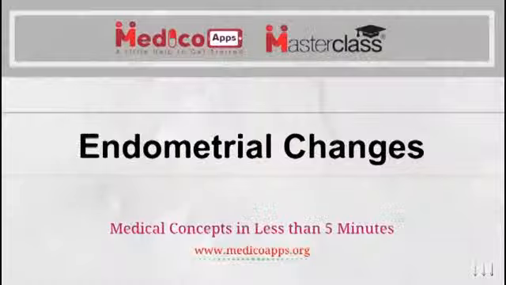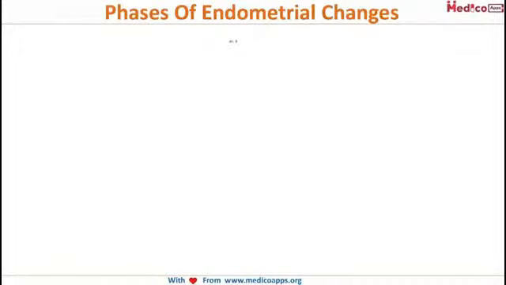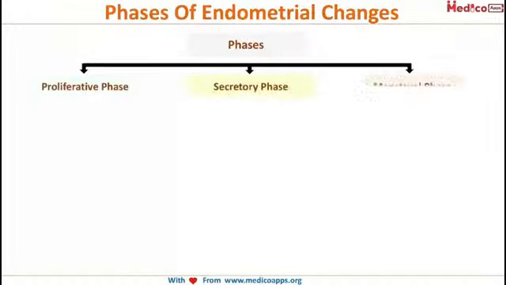Now let's proceed to understand endometrial changes. Okay. Now, similar to the ovarian cycle, endometrial changes also have 3 phases. These are the proliferative phase, number 1, number 2, your secretory phase, number 3 is your menstrual phase. Okay. Now, proliferative phase is a phase in which it is preparing the endometrium to receive the fertilized ovum.